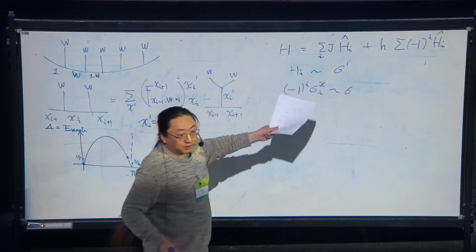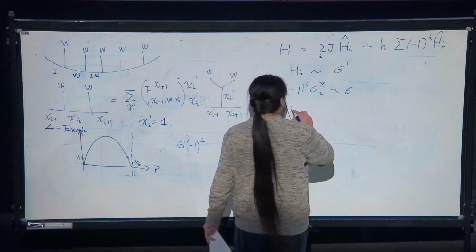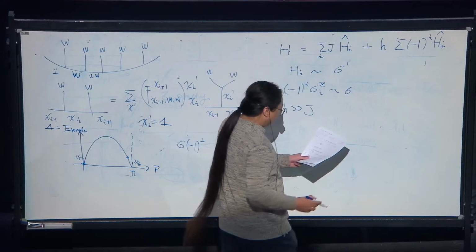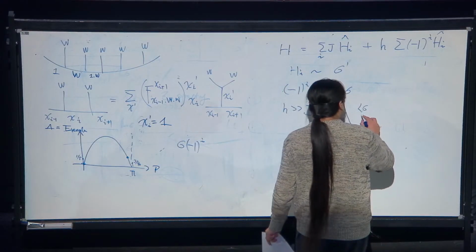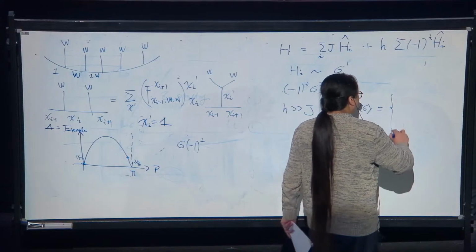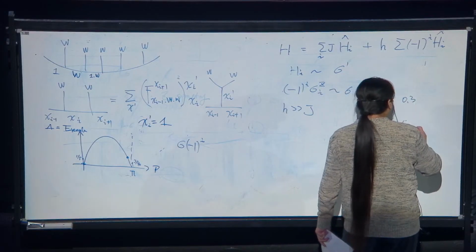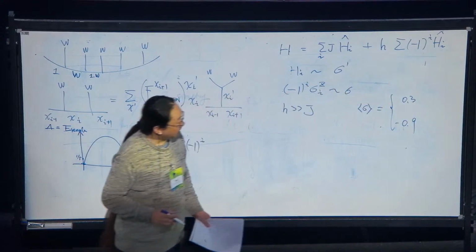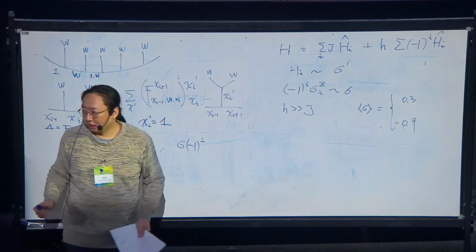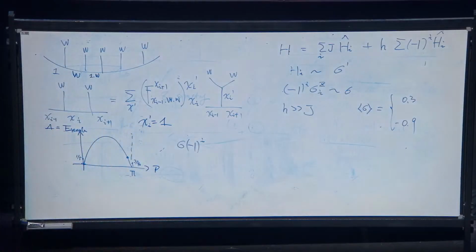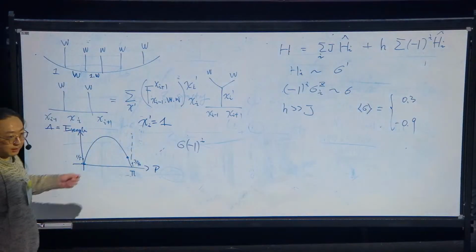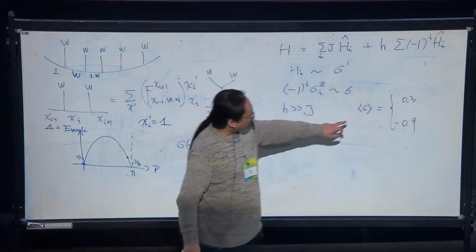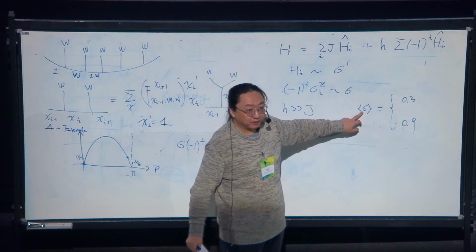You can just study this model, and when H is much larger than G, you get two ground states. You can measure the sigma expectation value. One of them is 0.3, another is roughly 0.9. So you see it has degeneracy. The ground state has degeneracy, but it does not have the explicit Z2 symmetry because the expectation value for sigma is different.